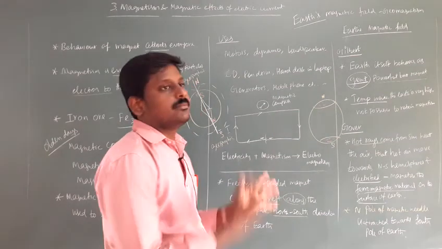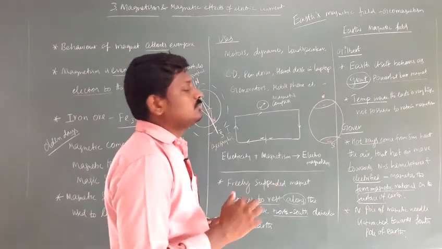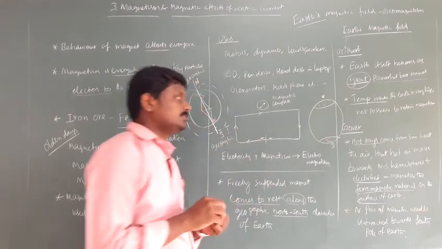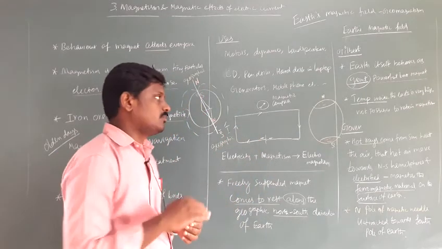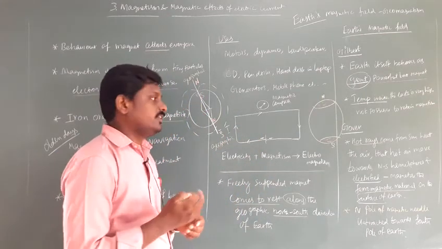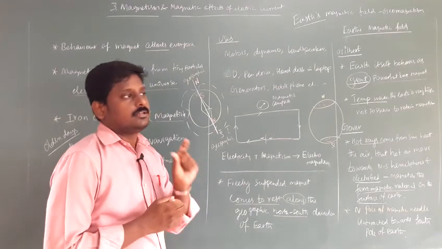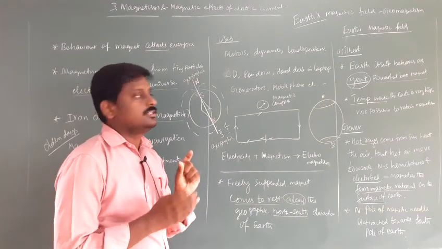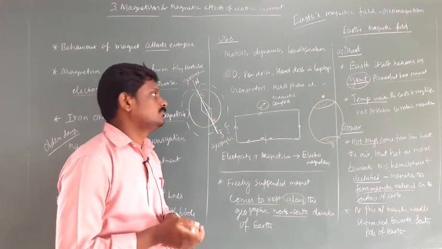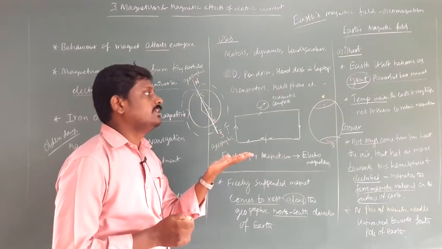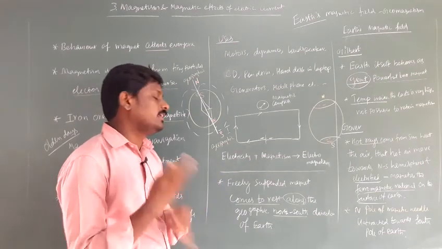Then earth is a giant magnet, but that idea fails, because the temperature at the center of the earth is very high. If you heat a magnet, it will lose its ability, so it is not possible to regain the magnetism.